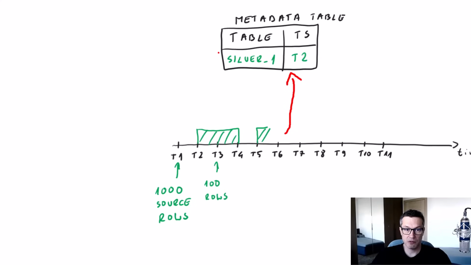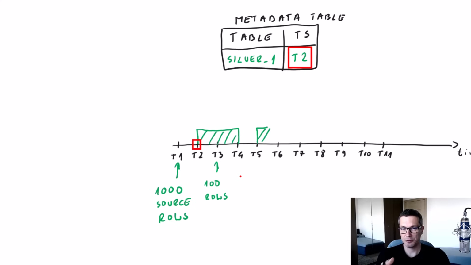This time, we find a row that matches our table, silver 1, and we retrieve this timestamp of the last successful start time, which is here. It simply means that this processing has to include all the data that appeared after T2, that appeared after we started the last successful processing.